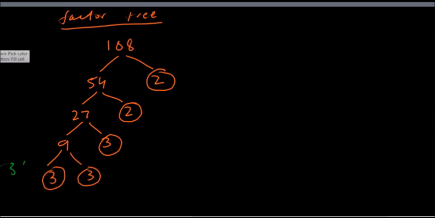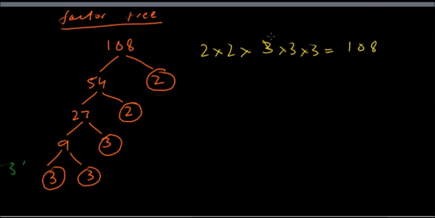Basically, what it tells you is that if I take all the primes and give a product of that, 2 times 2 times 3 times 3 times 3, this will actually give me 108. So if you take the prime factors of a number, all the prime factors, not only the unique ones but everything, then the product will give you the actual number.